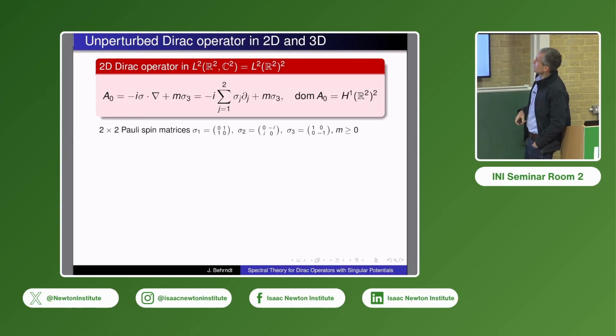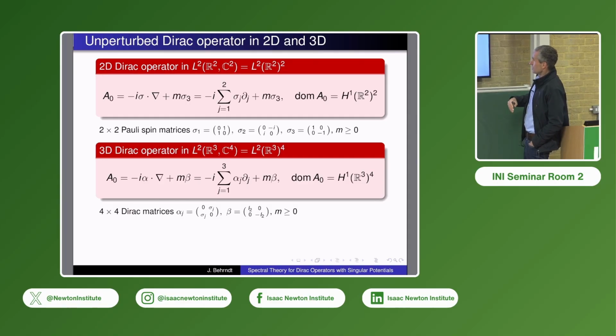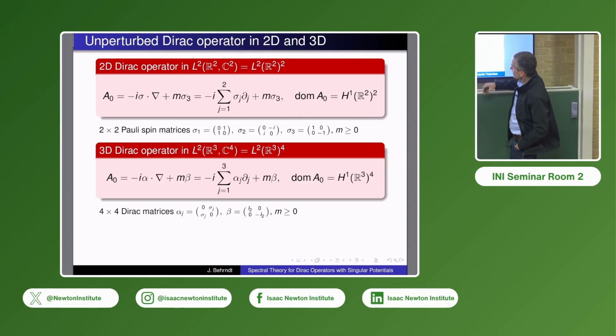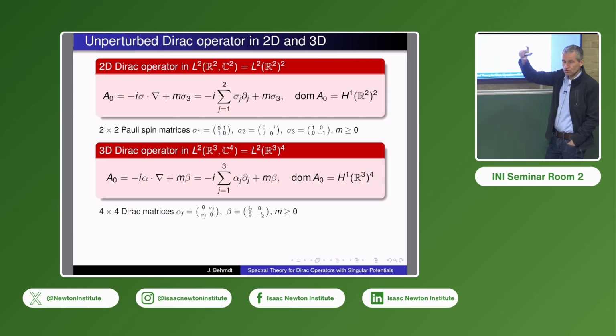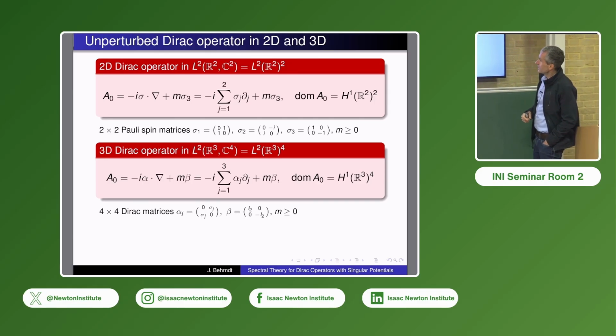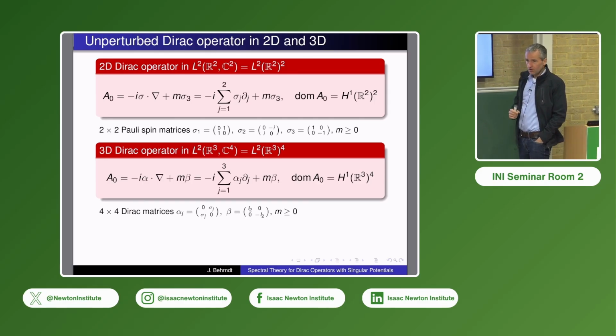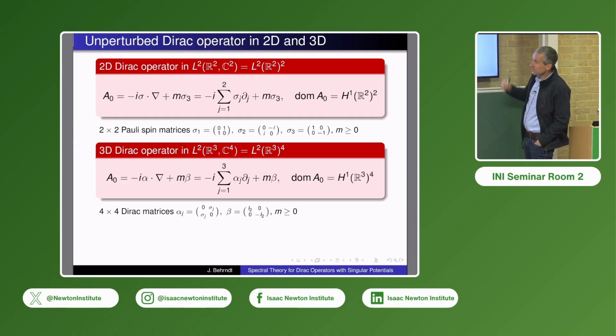So this is 2D Dirac, and there is a 3D copy of it, which looks very similar. It's again a vector-valued operator, but now it acts on 4-component vectors. So it's an operator in L2 with C4-valued functions, if you wish. The counterparts of the Pauli spin matrices in the 2D case are the so-called Dirac matrices.